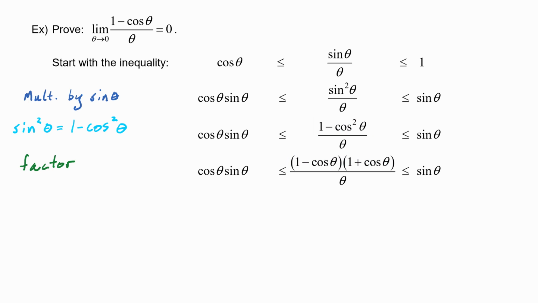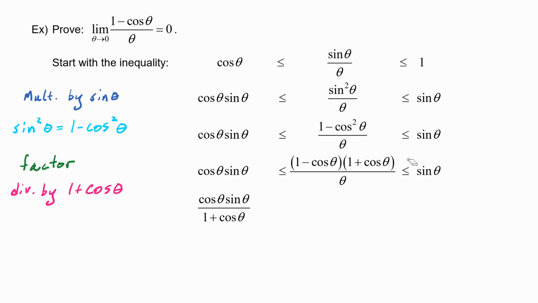Then what we can do is divide all three terms by 1 plus cosine theta. So now this turns into cosine theta sine theta over 1 plus cosine theta.